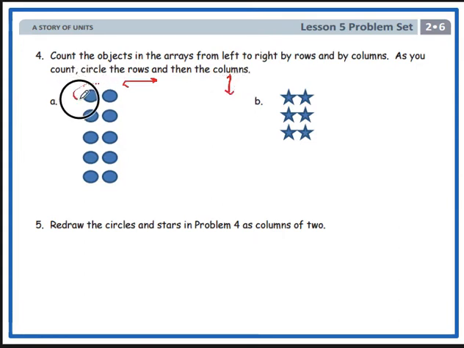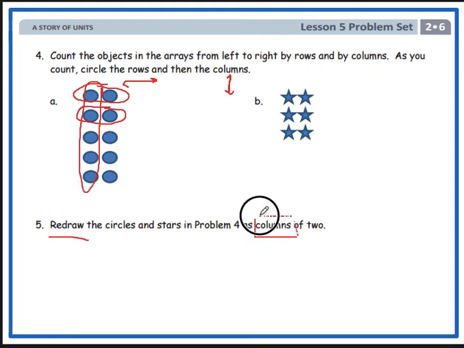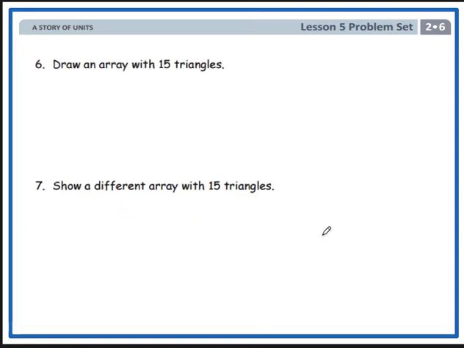So I am circling my rows, and I am circling my columns. Redraw the circles and stars in problem 4 as columns of 2. All right, this is a little bit of a trick question, so I'm interested to see how you guys do with this. Same one with this over here.